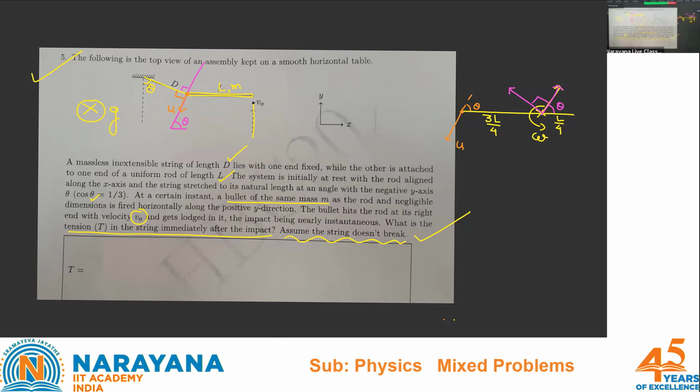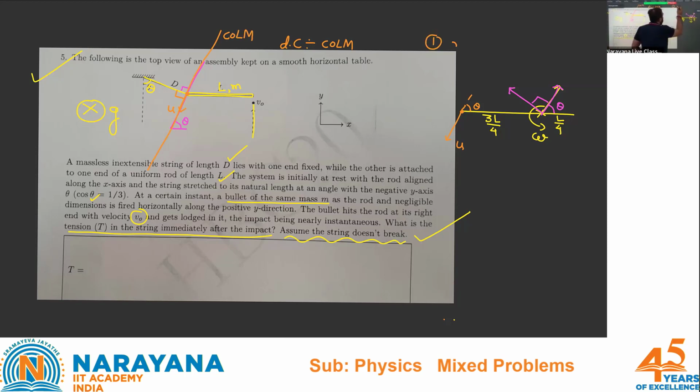One more thing. During the collision, I'm interested in conservation of linear momentum, but I can do that only along the purple line, because of this impulsive tension here. So this is my line of action for conservation of linear momentum. Let me write my first simple equation.